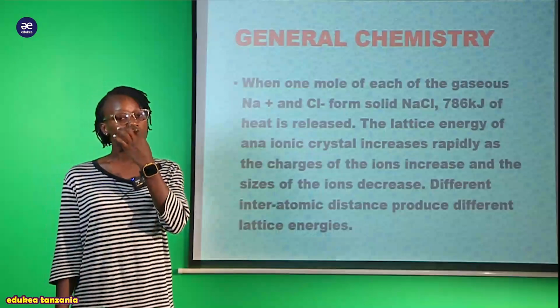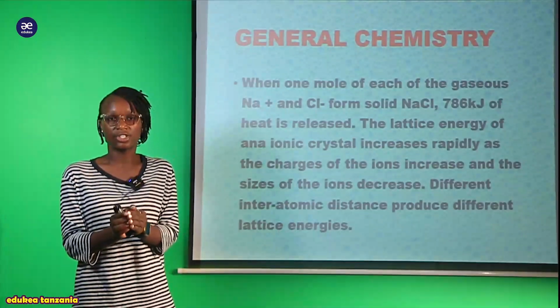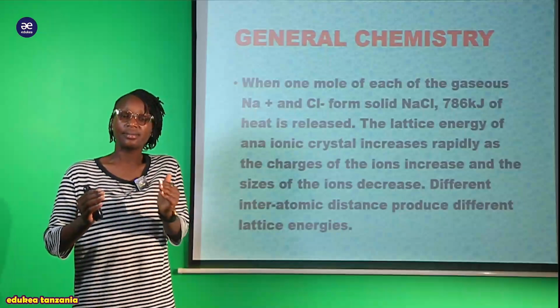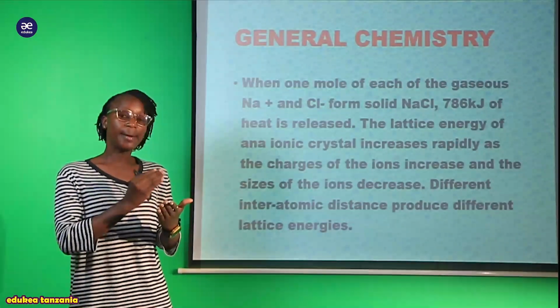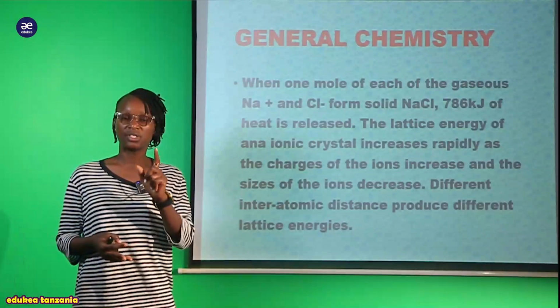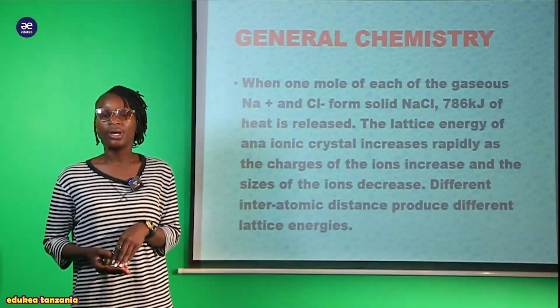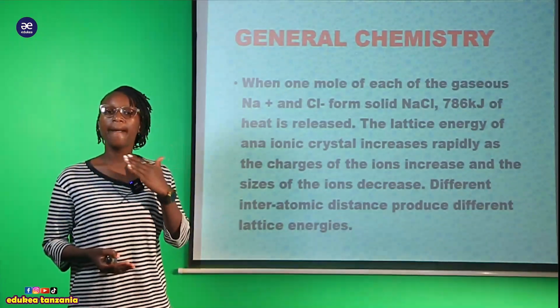Simply, when we talk about lattice energy and we are talking about the endothermic reaction, it means that the heat must be absorbed. Therefore, the separation of sodium chloride to its components of gaseous ions, ambapo sodium chloride tunaenda kupata sodium ion na chloride ion, utaona kwamba energy is positive. The lattice energy will be positive.